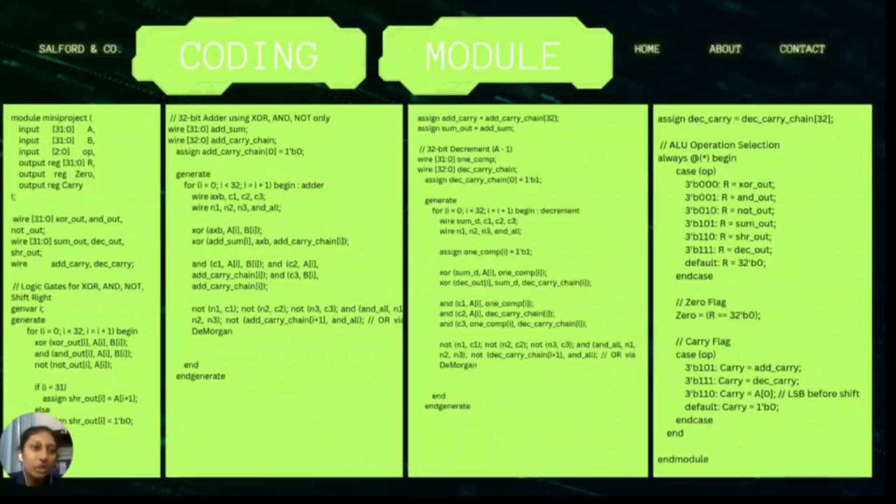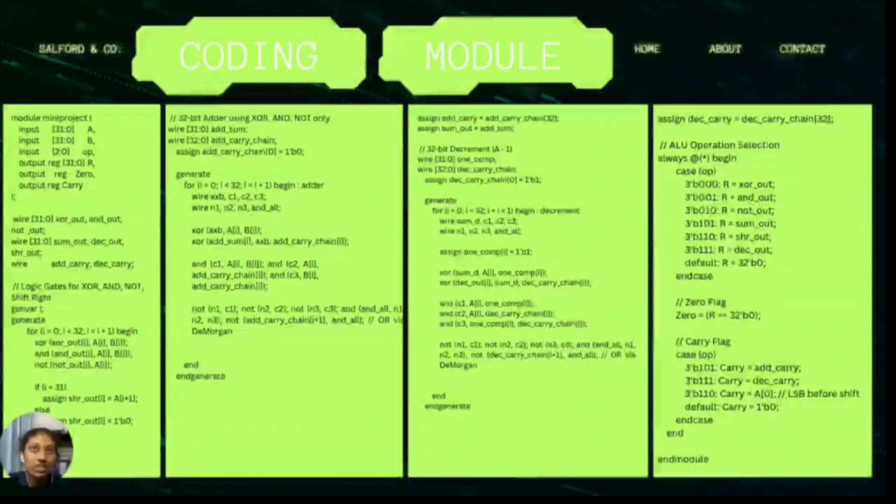So we continue with the next part of the coding, which is a 32-bit adder using only XOR and NOT logic. So we first declare the wire, the intermediate wire of a 32-bit add sum. Add sum is the total output of the sum. And next is wire of a 33-bit of add carry chain.